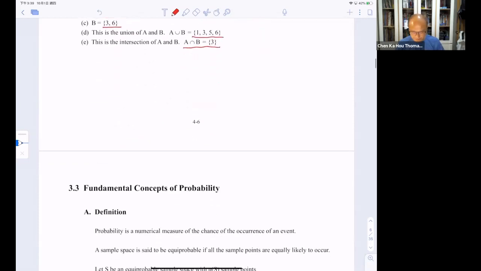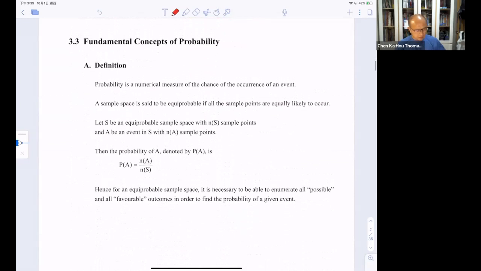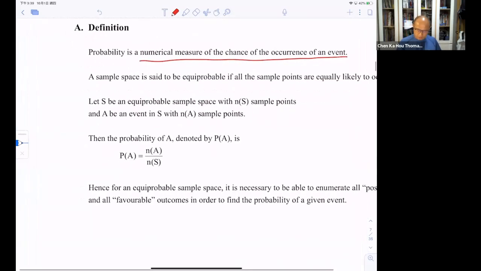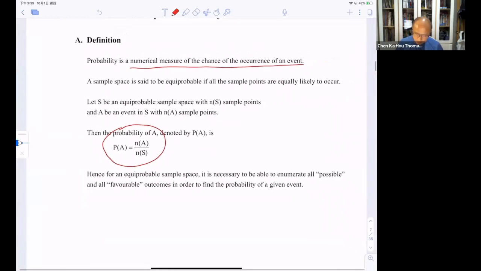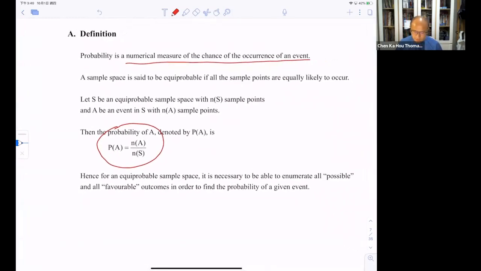Okay, next. Now we go to the fundamental concept of probability. We learn probability in Form 3, right? Probability is a numerical measure of the chance of the occurrence of an event. Its definition is quite simple. This is the definition of probability, and this small n represents the quantity, the number.